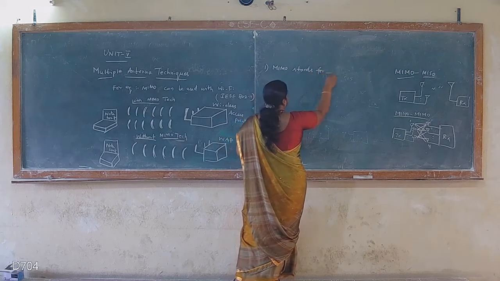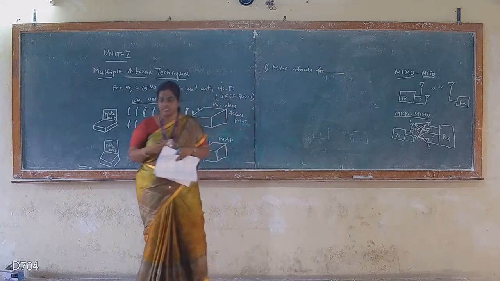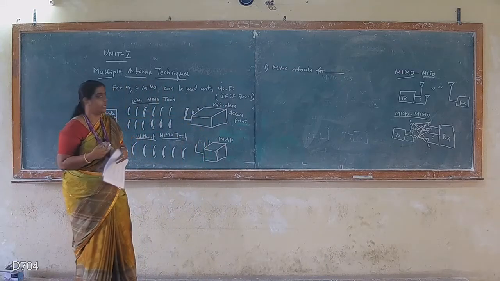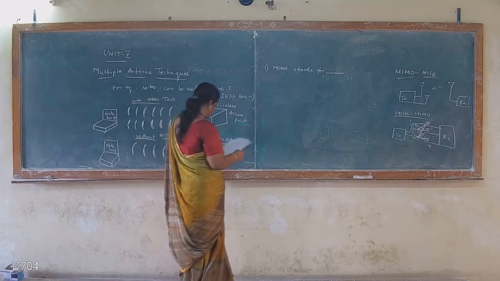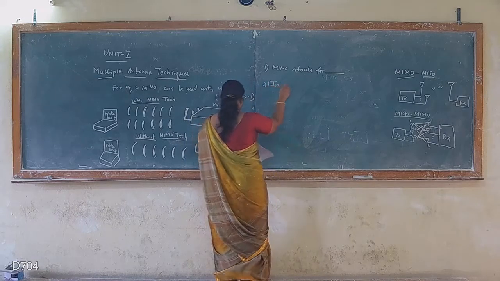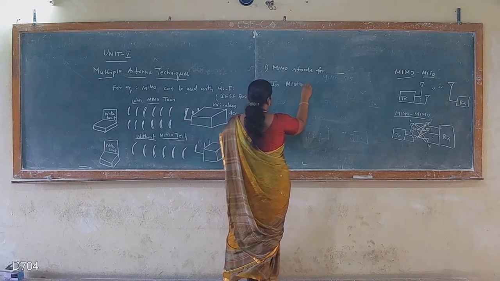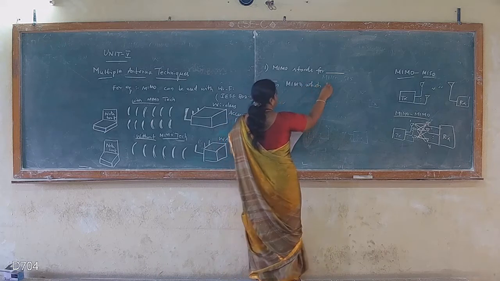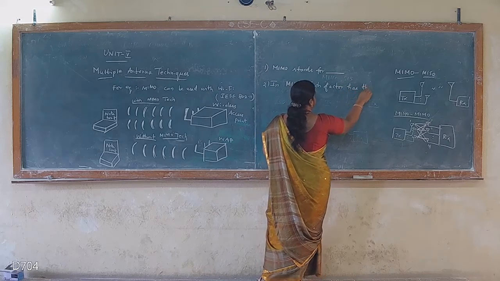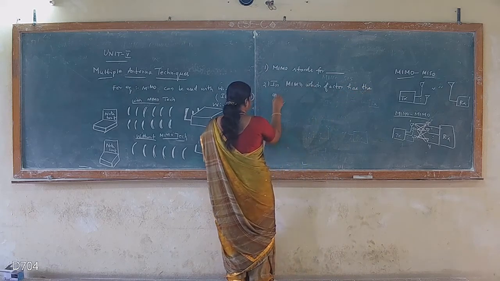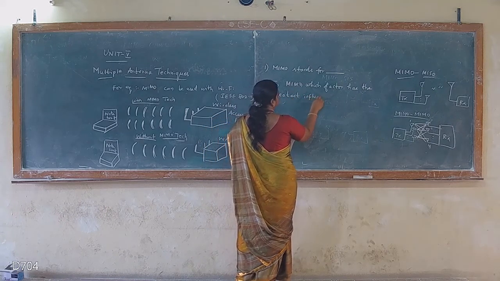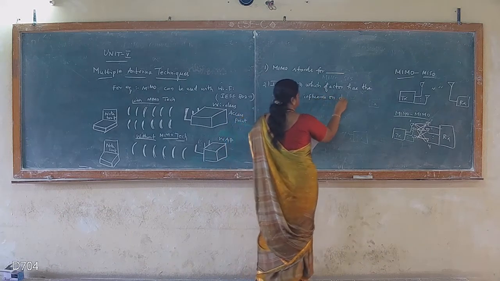Second question: in MIMO, which factor has the greatest influence on the data rate? We have seen so many parameters with respect to MIMO, out of which one is highly relevant to the data rate. You have to choose.